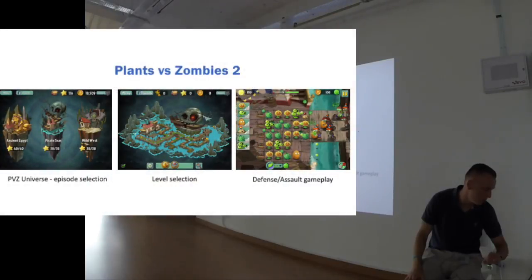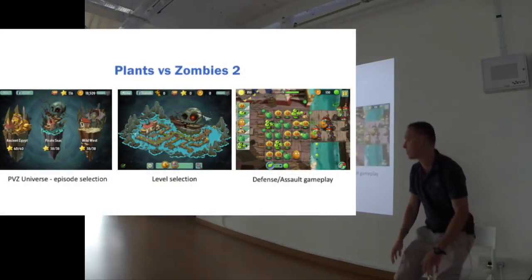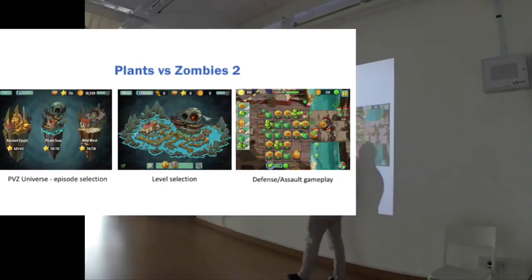One more example is Plants vs. Zombies 2. They have this idea of different worlds, quite similar to non-diegetic. For example, you pick one of these worlds, like part 1, and then you see the world zoomed in, and you can select the level, with still the same flavor.